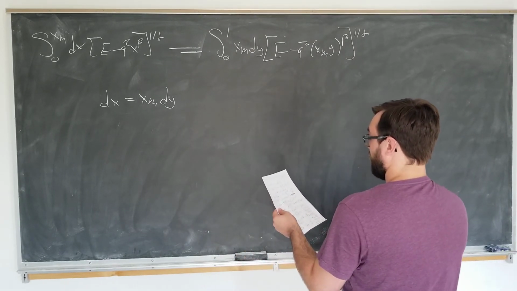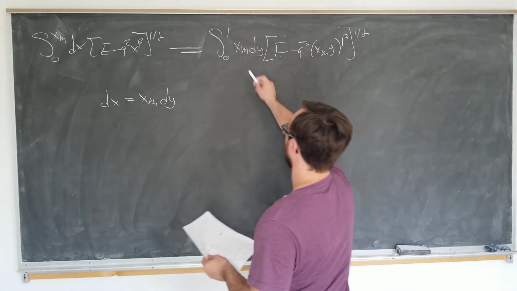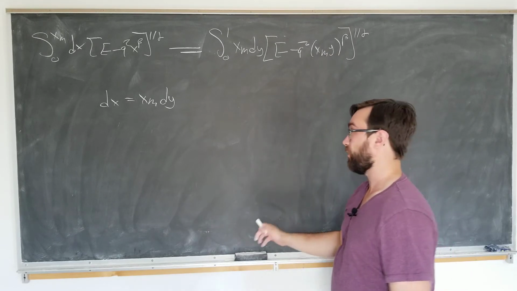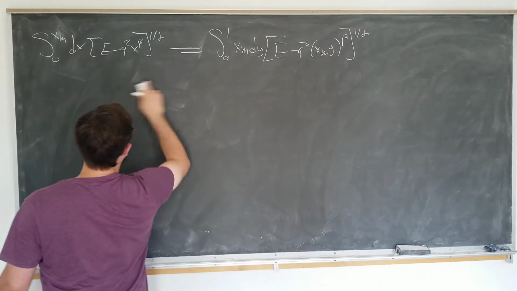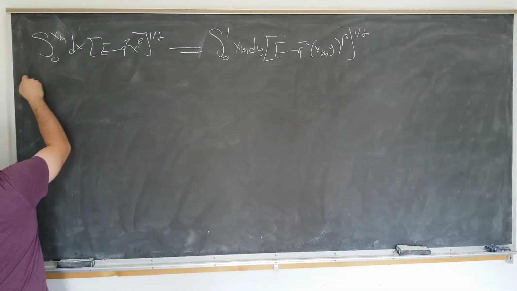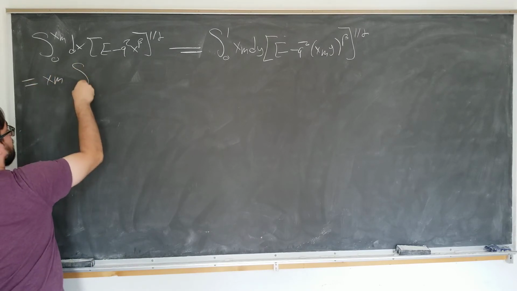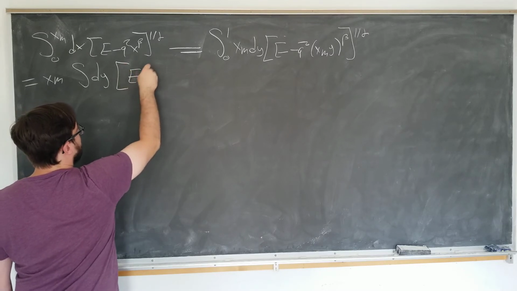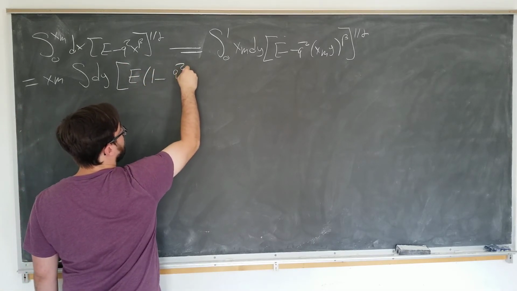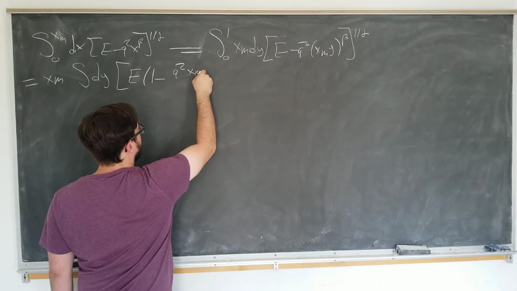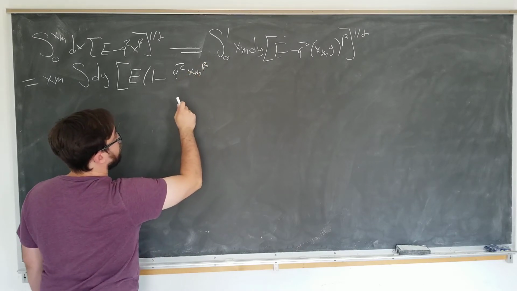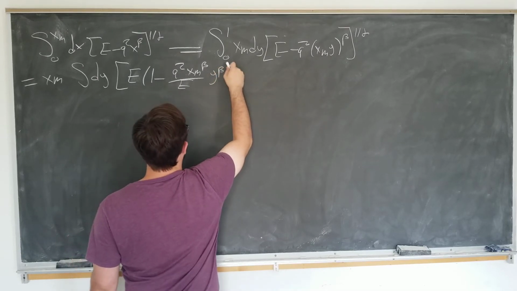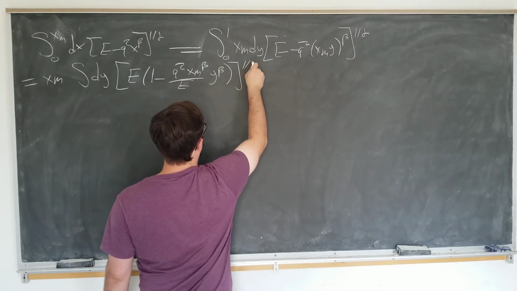And now we want to go ahead and take the xm out because we can. We want to factor out the e to use our relation that we talked about earlier. So this just becomes xm integral dy of e minus q squared xm to the beta over e, y to the beta. This is to the 1 over alpha power.